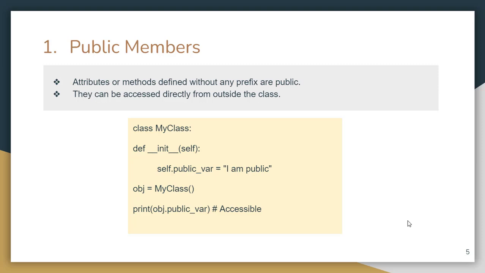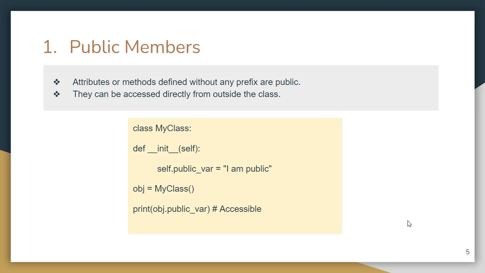This is an example. In this example, the name of the class is MyClass. There is a function def, and the name of the function is __init__, with self as the only parameter. After the colon, self.public_variable is a public member of the class, and it stores the text "I am public".